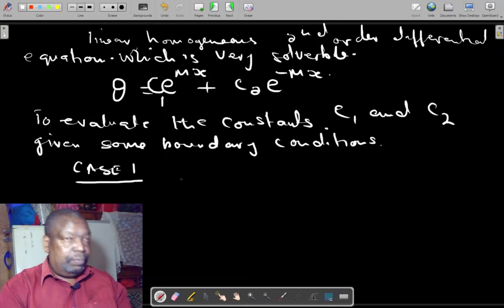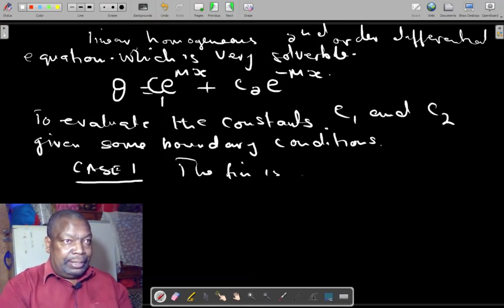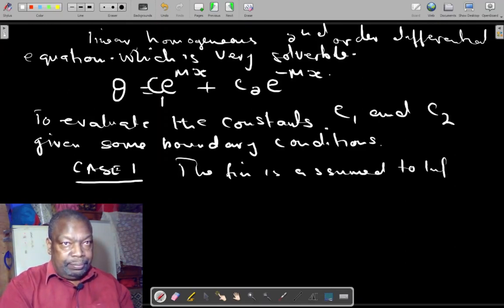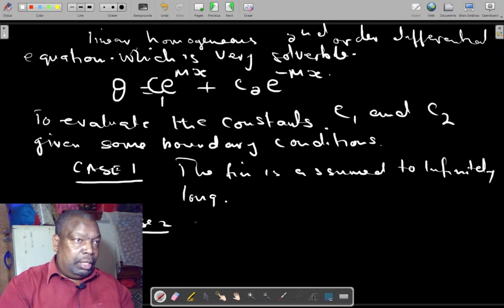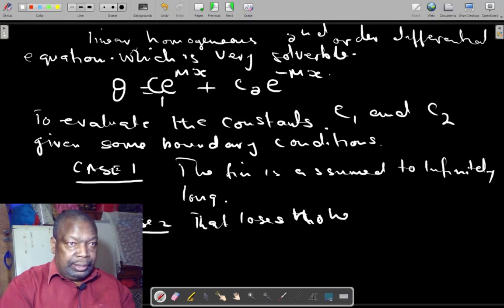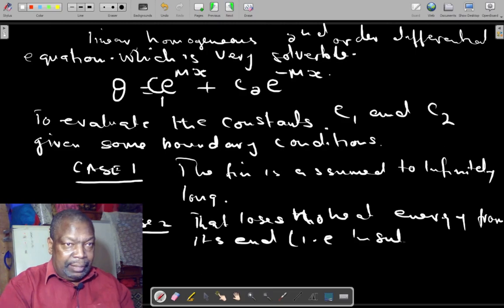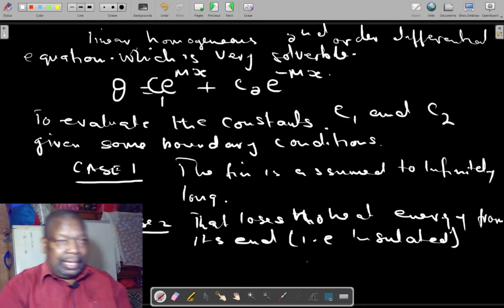We'll come up with these boundary conditions by having a look at 3 cases. Case 1, where the fin is assumed to be infinitely long. Case 2, where we look at a fin that loses no heat energy from its ends, i.e. it is insulated at that end.